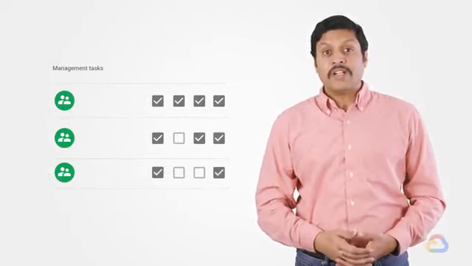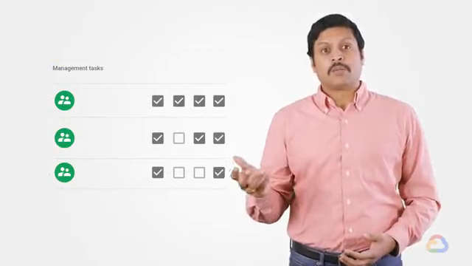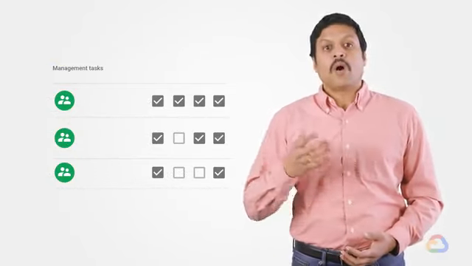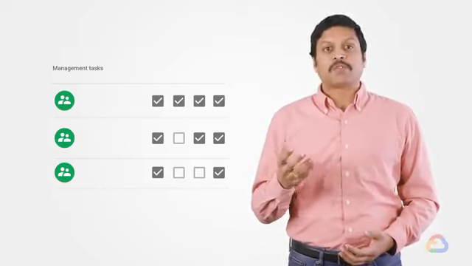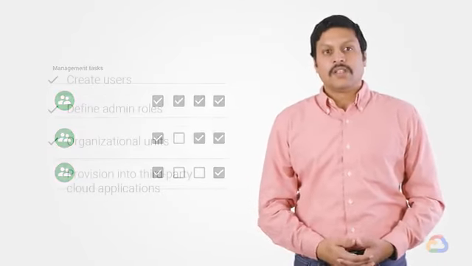Along with Cloud Identity's out-of-the-box admin roles, you can create custom roles. Each custom role can include one or more admin privileges that let the delegated admin perform specific management tasks in your admin console.